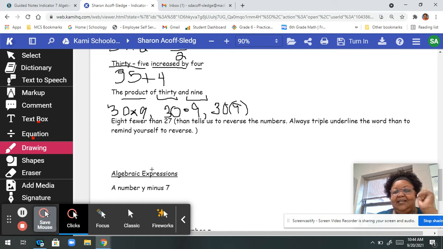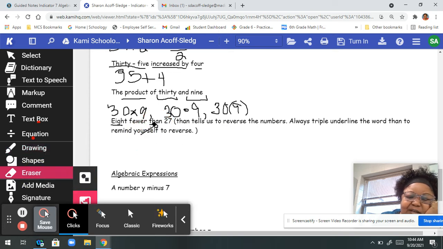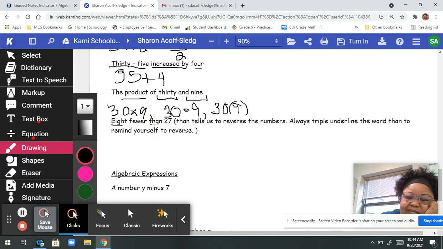Now, this next one has fewer than. 8 fewer than. Anytime you see the word than, put yourself a few lines on there so you can remember, when you see than, reverse. Than tells us to reverse the numbers. Always triple underline the word than to remind yourself to reverse.